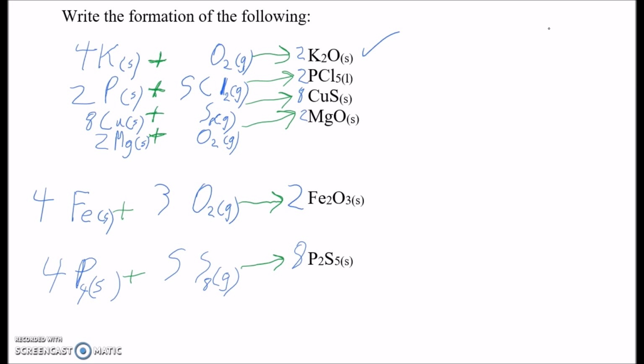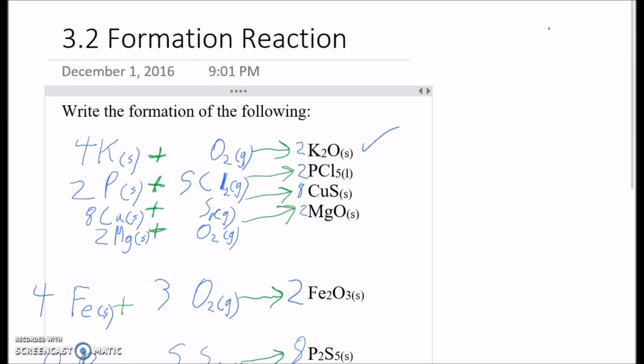Those are kind of the most complicated formation reactions you'll ever see. It doesn't really get any more complicated than that, other than potentially some polyatomic ions. Formation is just 1 plus 1 equals 2. It's just this simple formula. 1 here, 1 equals 2 together. That's all it is.